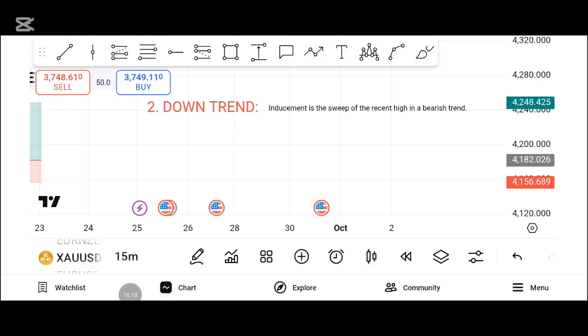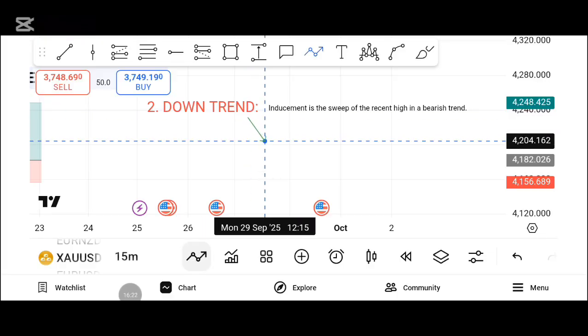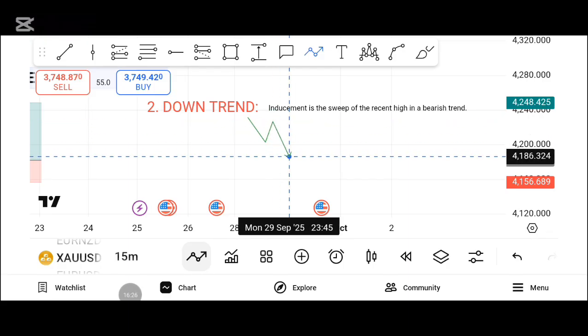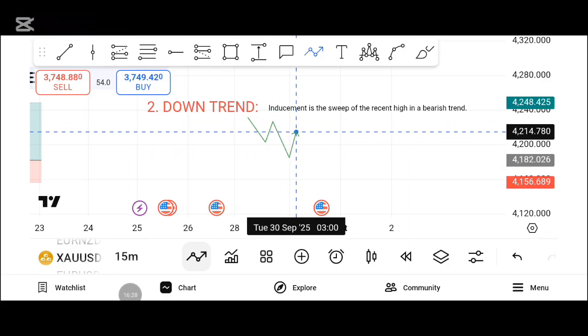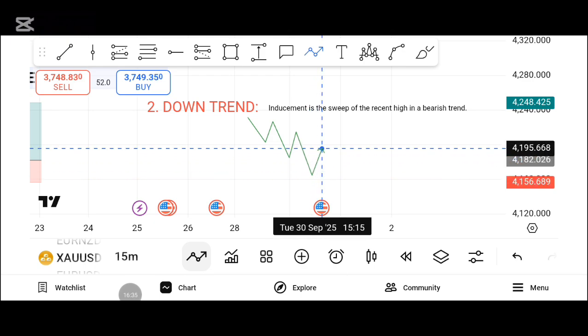What does that mean? Assuming we have lower high, lower low, lower high, lower low, lower high, lower low.